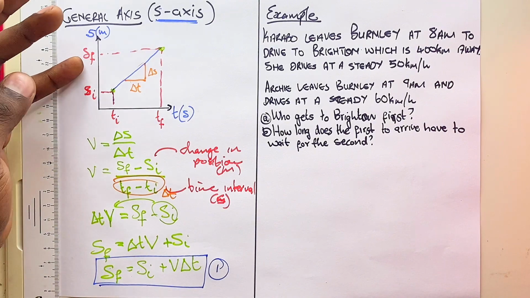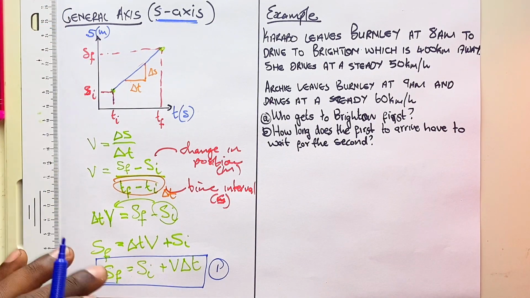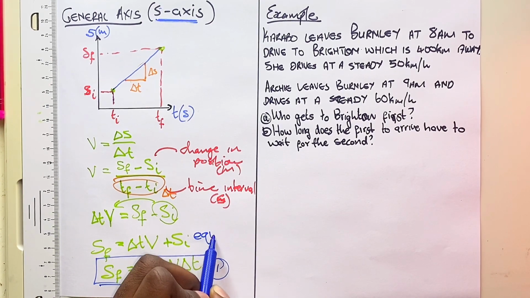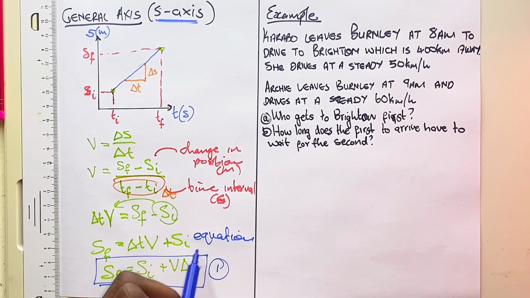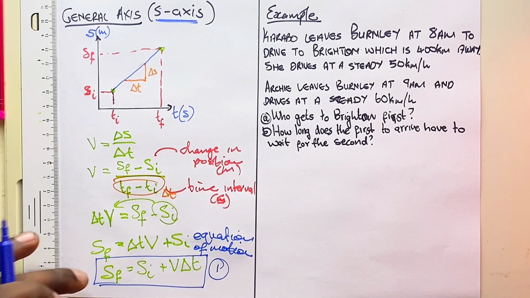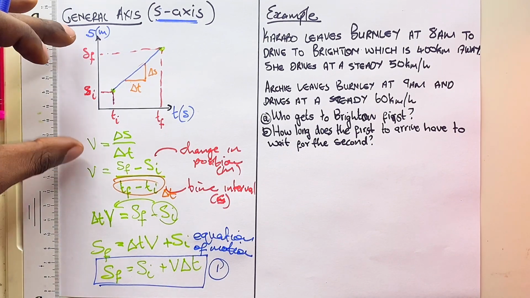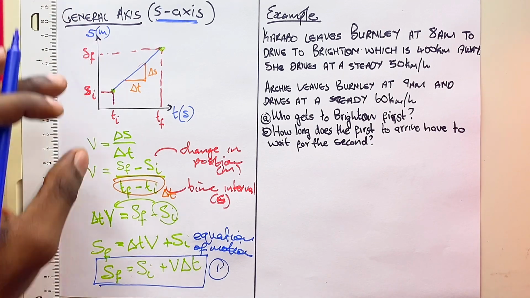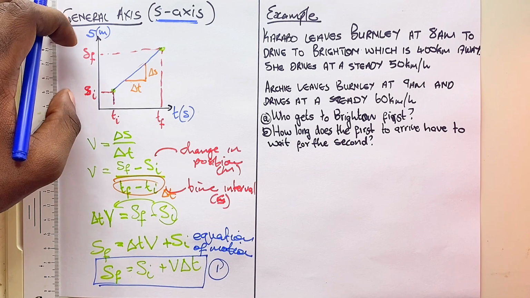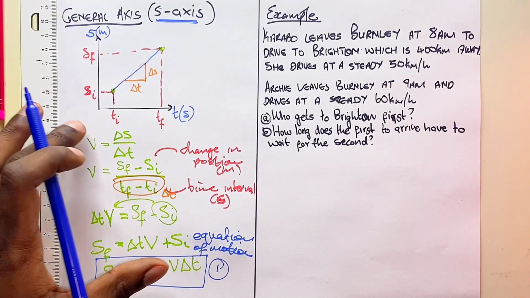This is how it comes about. There will be more equations of motion that are more complicated. This is the simplest one and my favorite of all the equations of motion. It shows us the change in position in the general axis for a uniform motion.